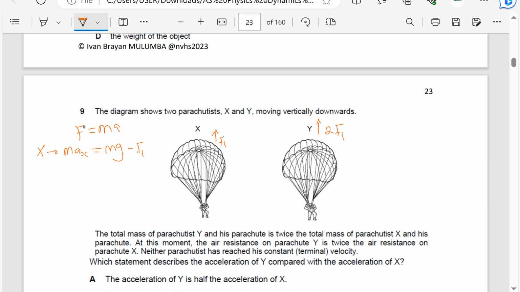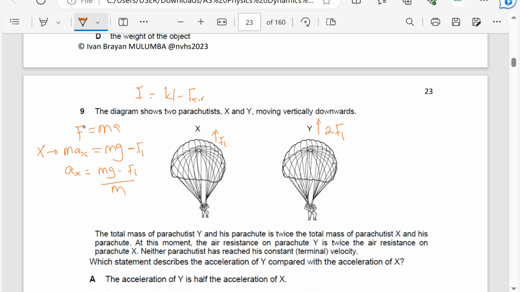I'm just saying that resultant force is equal to the weight minus the force due to air resistance. So resultant force is ma, the weight is mg minus F1. So the acceleration for X is going to be (mg minus F1) divided by m.